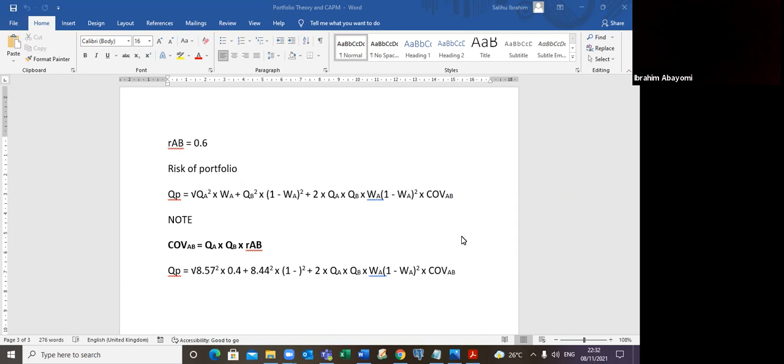And I explained what we mean by correlation and covariance. And we went ahead to look at how to compute return on a portfolio.